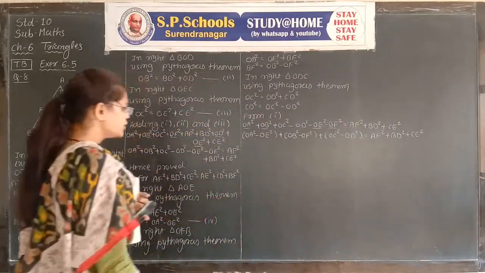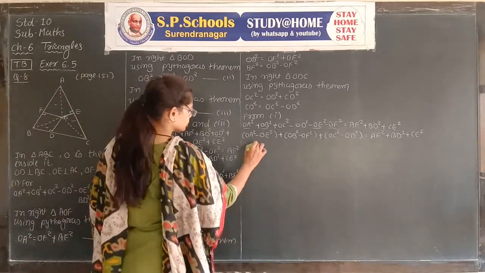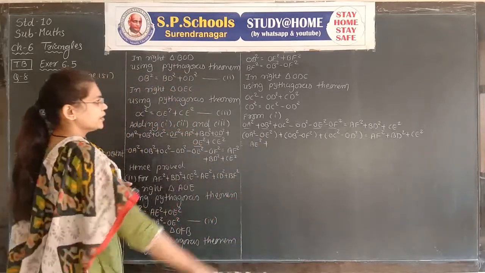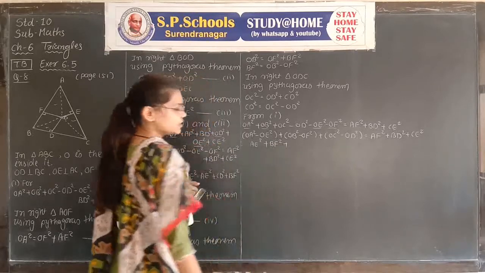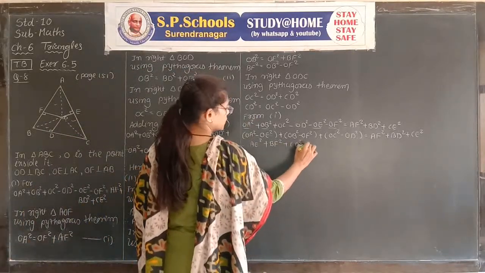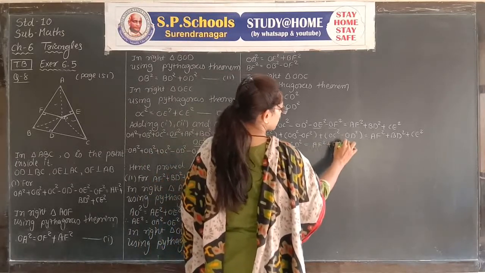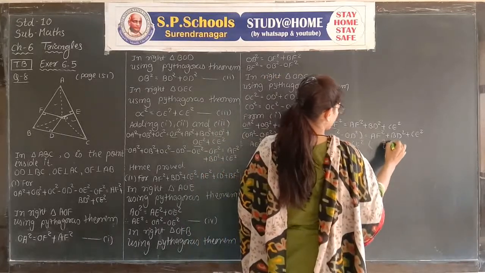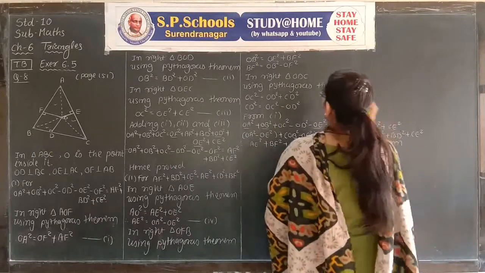That's why instead of OA square minus OE square, write AE square. From the fourth result, OB square minus OF square, write BF square. And OC square minus OD square, write square of CD. And the right hand side remains as it is. Write the reasons from 4, 5 and 6.